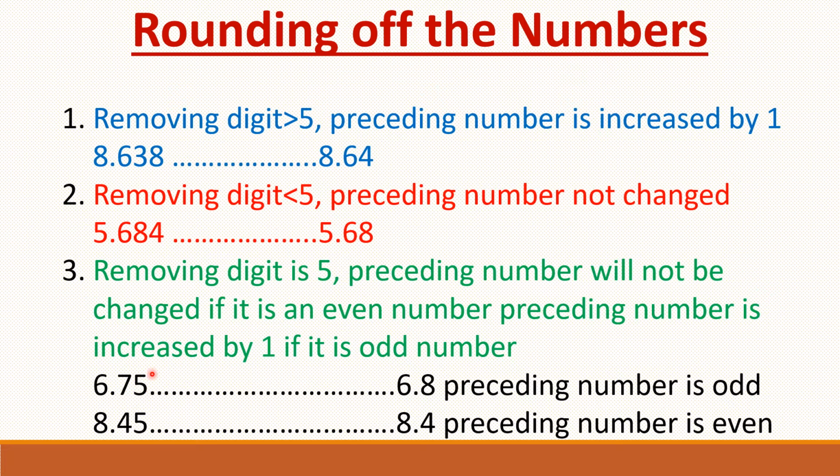Here we are rounding off 5, and the preceding number 7 is odd, so we will get 6.8 as our final result. For 8.45, the preceding number is 4, it is even, so the final result is 8.4. If the preceding number is even, the same number comes; if the preceding number is odd, the number is raised by 1.